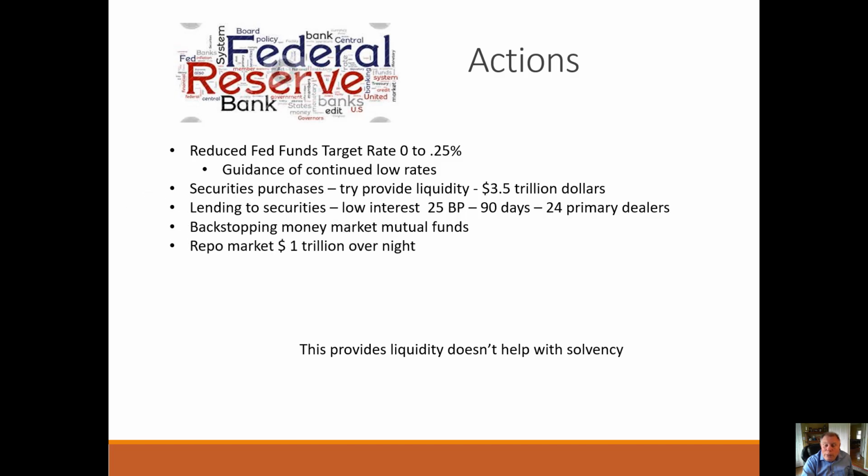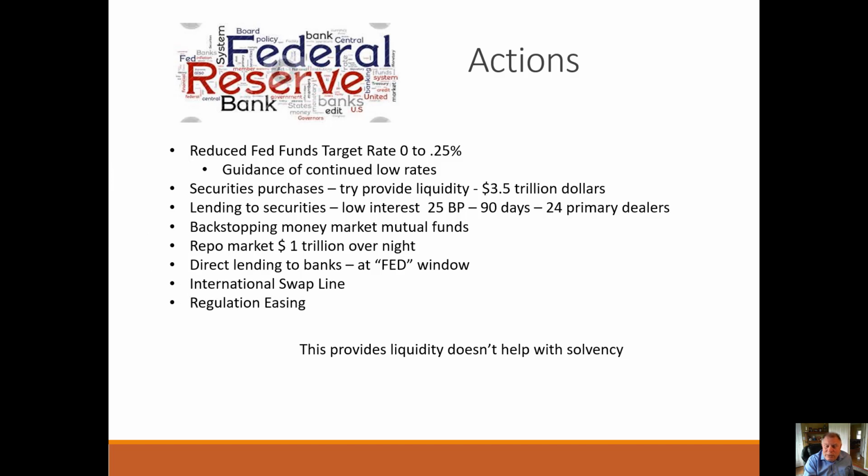The repo market is over $1 trillion overnight. Again, to keep liquidity, keep money flowing. They're doing direct lending to banks. In the past, if you had to go to the Fed window to borrow, oh, that was bad. Today, it's not so bad. They're encouraging it. They've set up international swap lines with other banks so that we can continue to keep trade going and access to U.S. dollars.